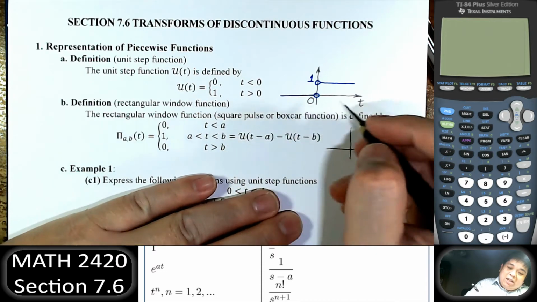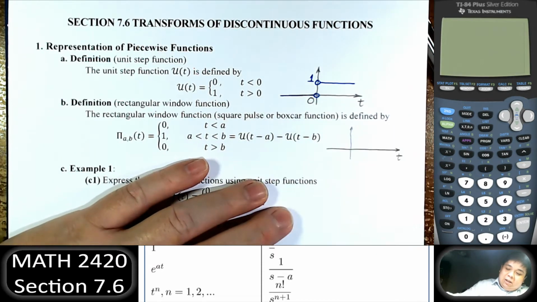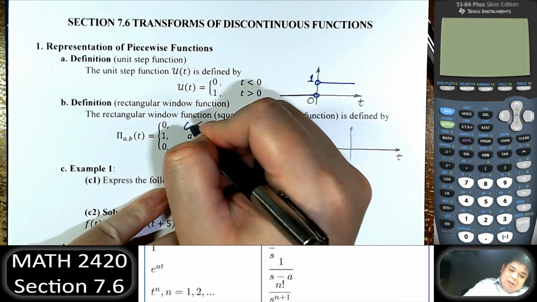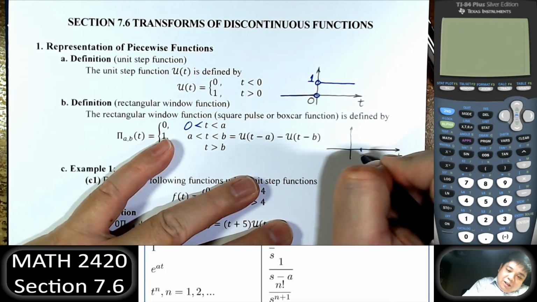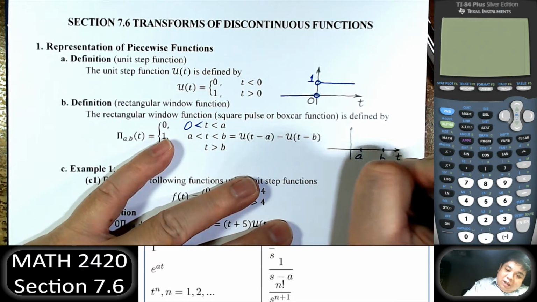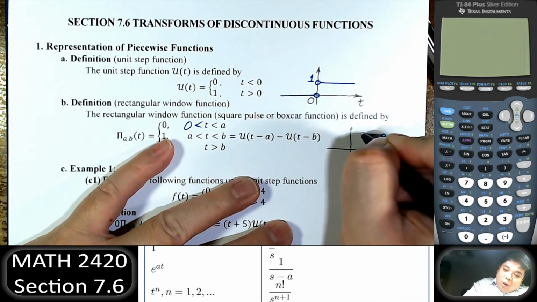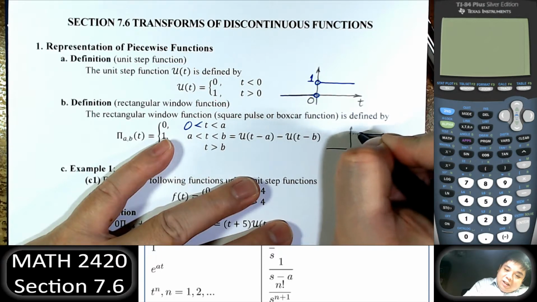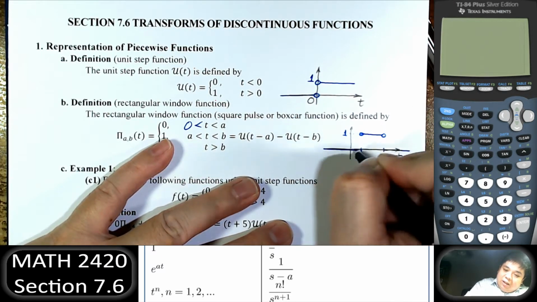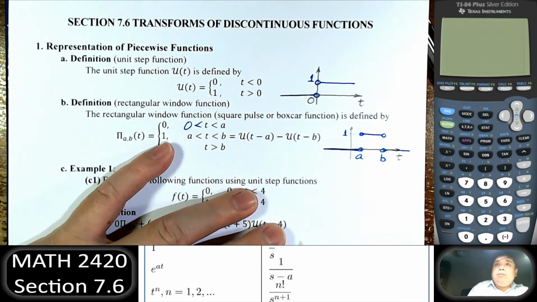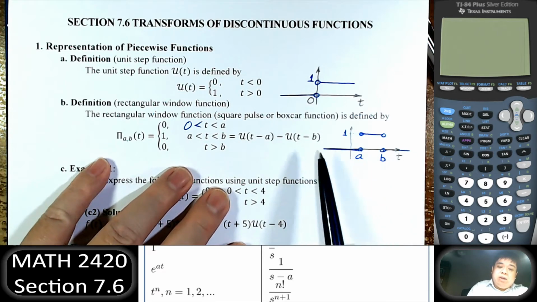By the way, when we write it like this, A and B are positive. So we have the function equal to 1 when t is between A and B and 0 everywhere else, so 0 on the left of A and on the right of B.